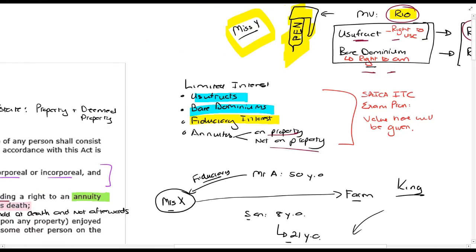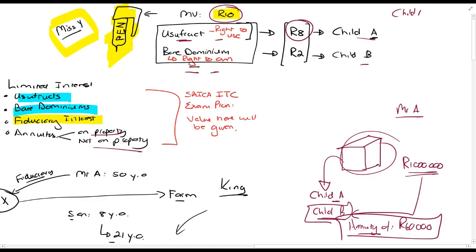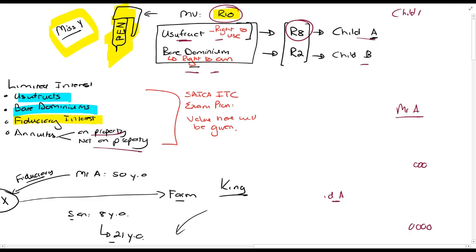And then an annuity which is not on property is, for example, let's say, we'll see that in a second, let's say Mr. A passes away, and he has a pension that still has to pay out. Right, let's say it's a monthly thing, or a lump sum, whatever the case might be.